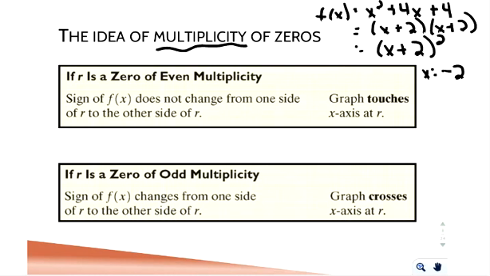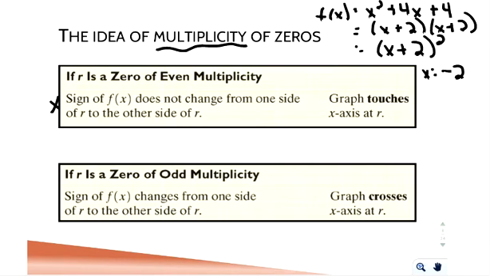So in the pages before, we were just looking at the end behavior. What's it doing as it goes off to negative infinity or positive infinity with the x's? What are the y's doing? But now here's another way to look at what it's doing in the middle. I can find my x-intercepts, and now if I can figure out the multiplicity for each x-intercept, how many times I get it, then I can say exactly what the graph is going to do.